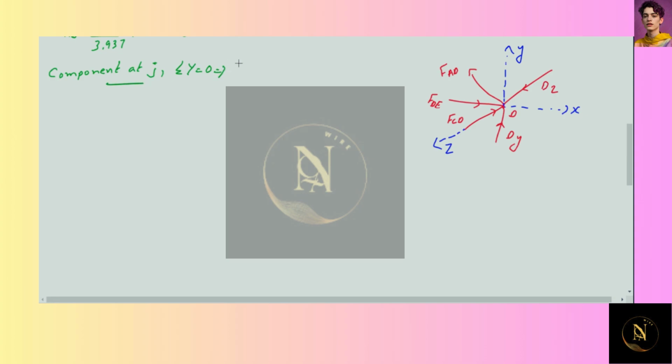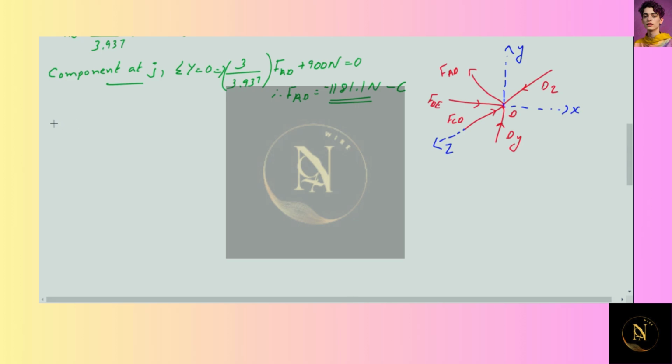So that gives you 3 by 3.937 times FAD plus 900 Newton equal to 0. So therefore FAD will be equal to minus 1181.1 Newton. There is a negative sign here, so the actual direction of FAD will be opposite to this direction. That creates compression. Let's denote it by the letter C.